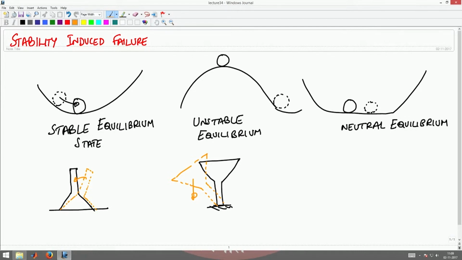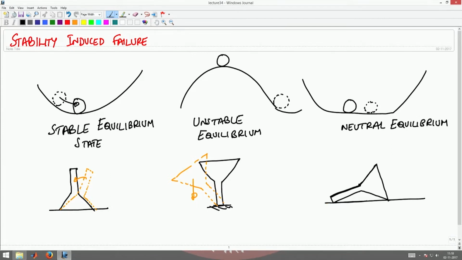On the other hand, for neutral equilibrium, I can have a funnel resting on its side. This is an example of a neutral equilibrium configuration, wherein if I perturb it, it will stay put in the perturbed position.